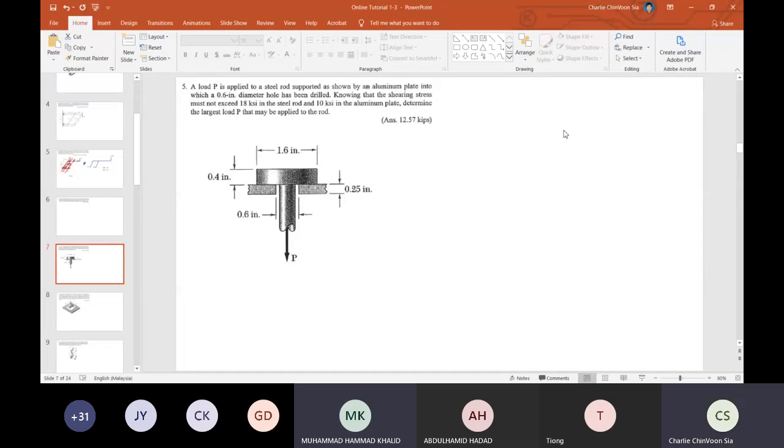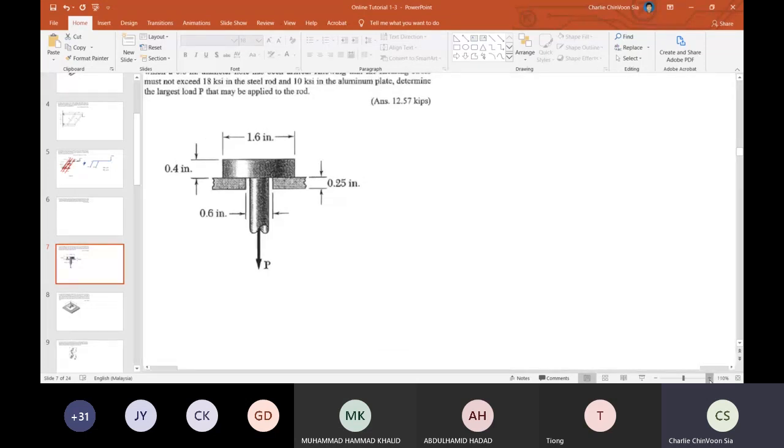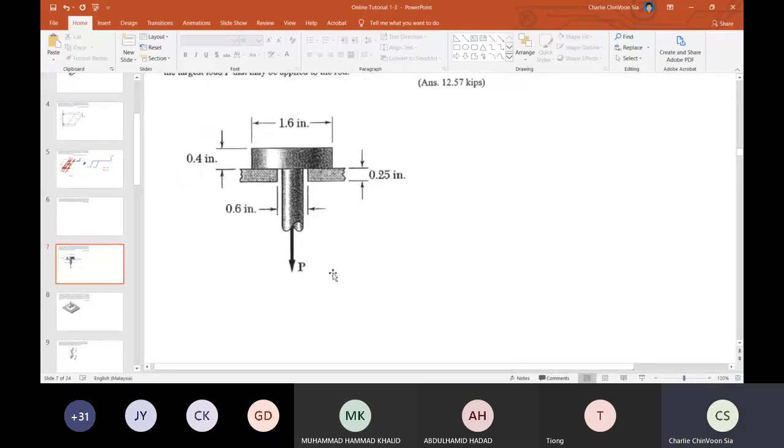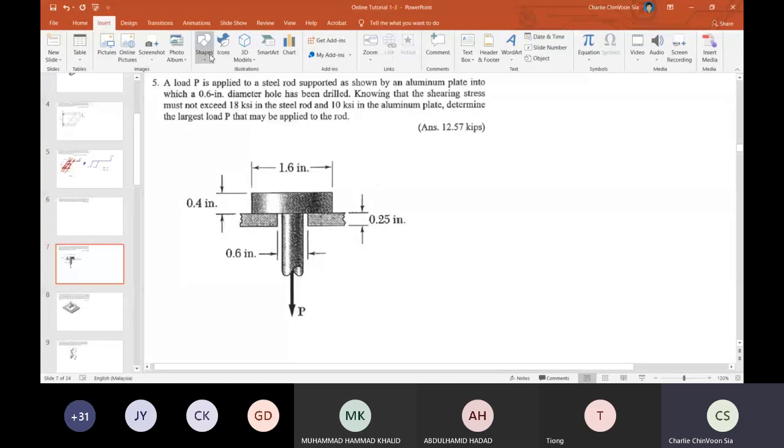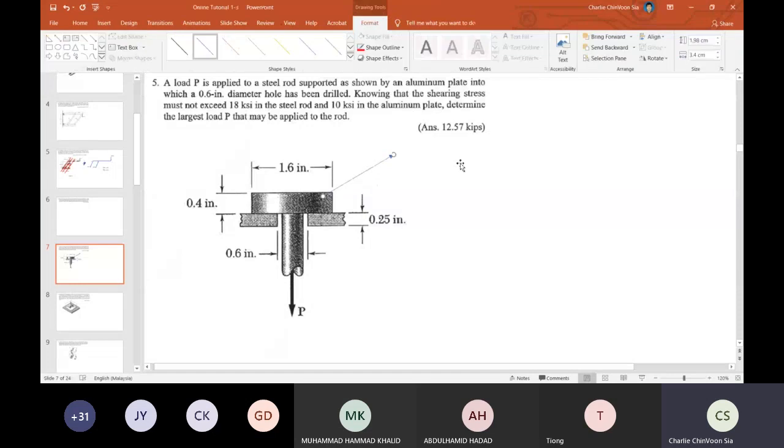Oh, okay. Maybe I need to draw. So for this one, we know that the top is steel.